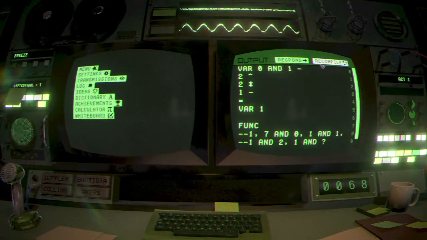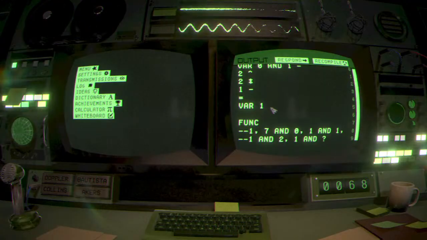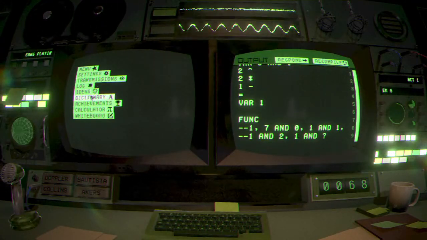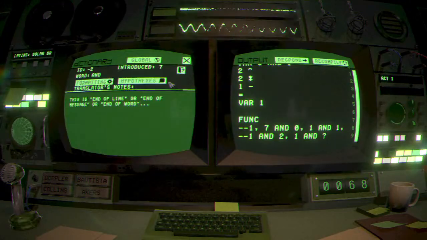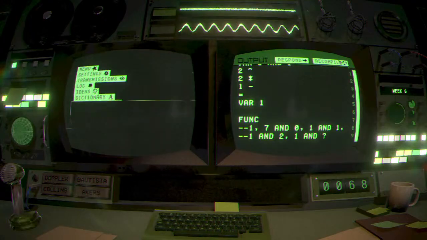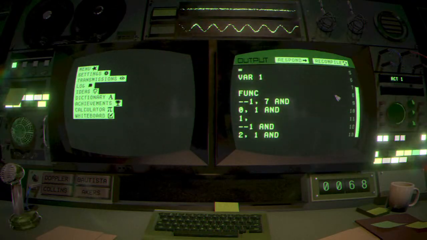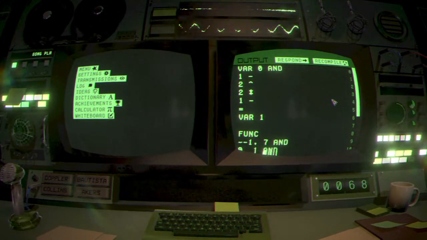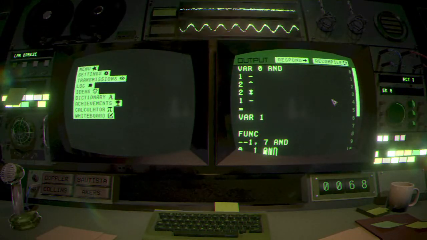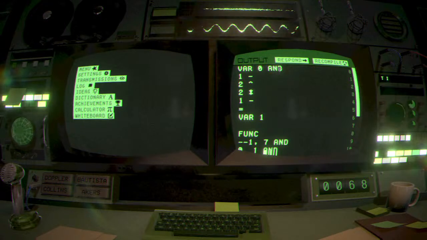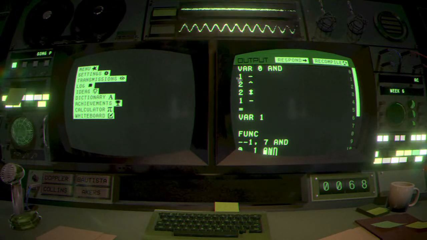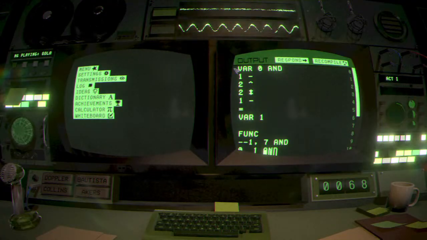It looks like I want a new line after the and. I feel like that would make things look nicer here. I wonder if it would make it look nicer for the function also. Let's see. I'll go back to the new line and see what it looks like now. So you take variable 0 and you do... So you subtract 1, then you square it, then you double it, then you subtract 1.